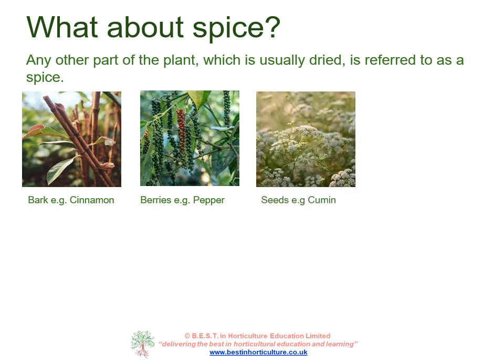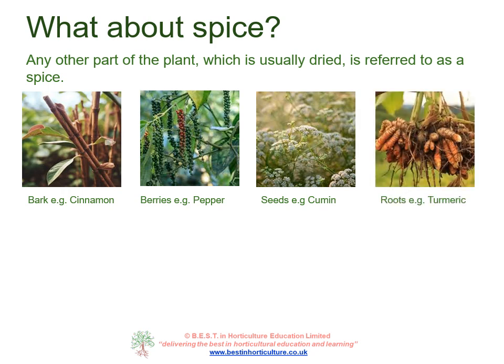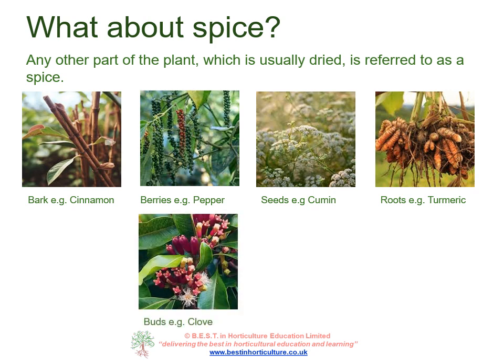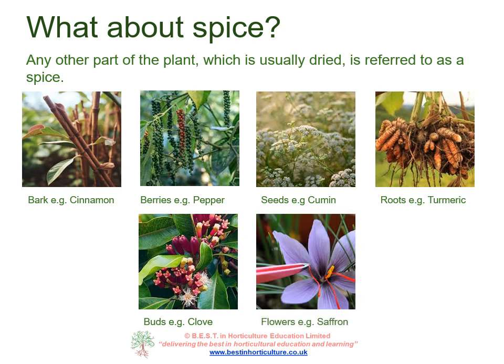The seeds of some plants, for example cumin, and roots, which might include ginger or turmeric. Some spices are the ground up buds of plants, for example clove, and others include the stamens taken from flowers, and here we've got the example being saffron.